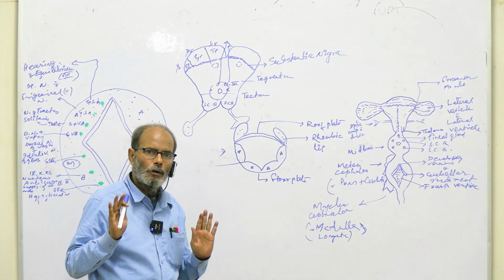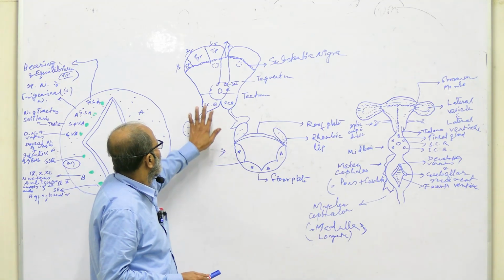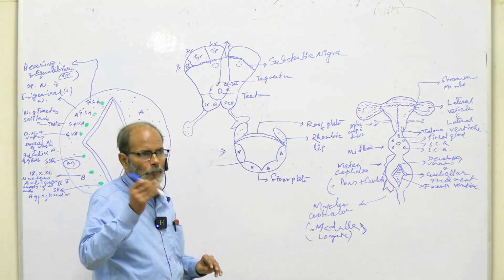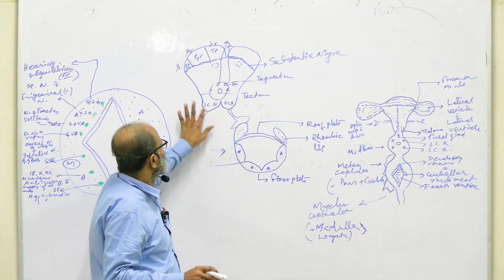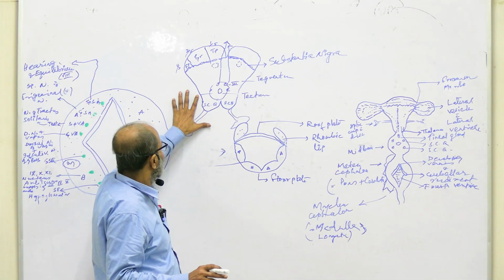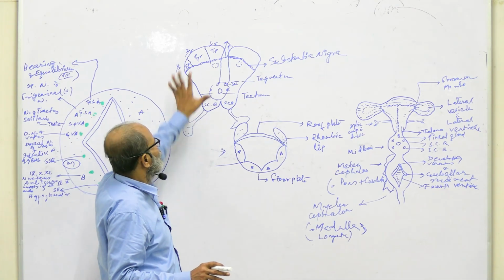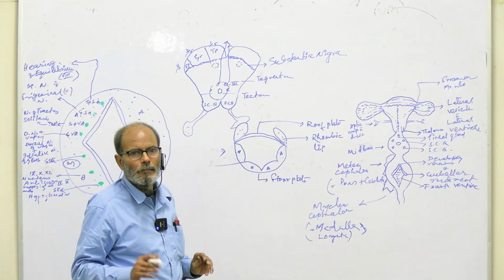You understood? All right. Now you see that up to the level of the aqueduct of Sylvius, that is the canal through the midbrain, this part is called the tectum. And from that horizontal line up to the substantia nigra, you will get the tegmentum.